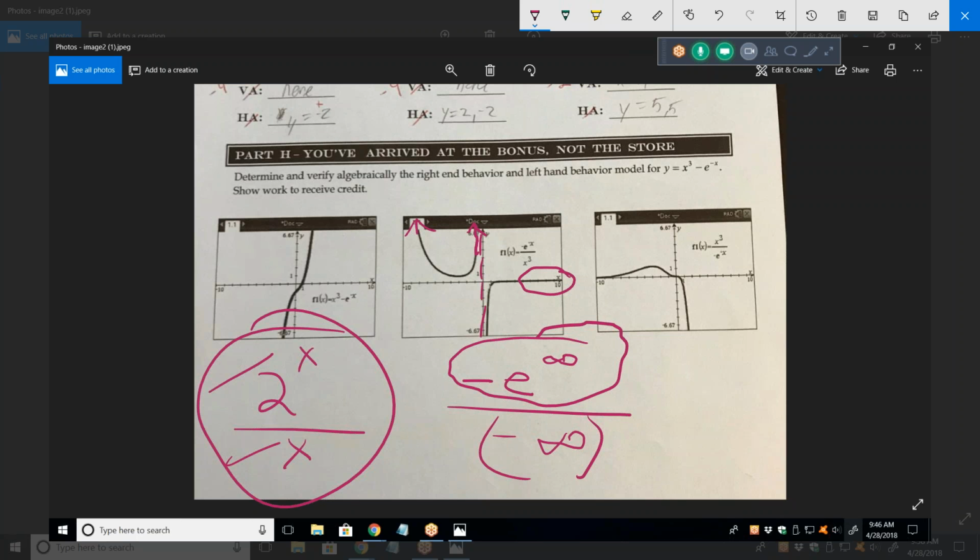But since the only thing they asked about was right-hand and left-hand end behavior, we don't care about this point right here. Now, again, how you're going to prove that to her, I don't know. That's tough because they haven't taught you what you need to know to prove it to her.